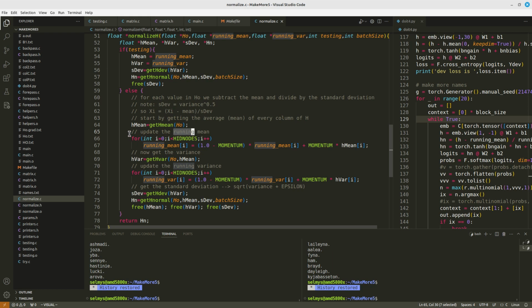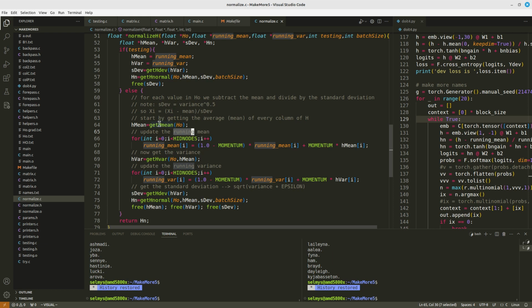This code here from line 65 all the way down to line 72 is what we use to get the running mean and the running variance. And we just basically save those two vectors so that we can use them once we need to generate some more new names.